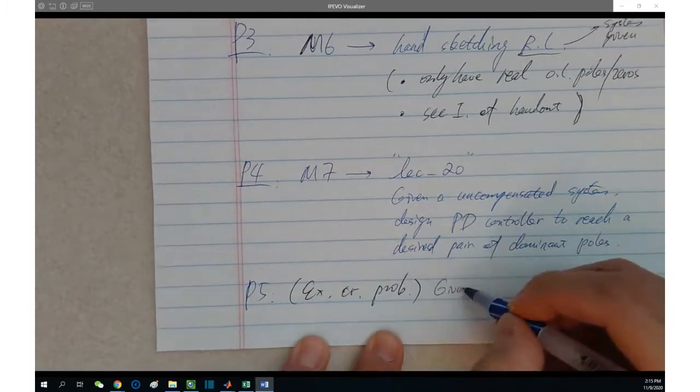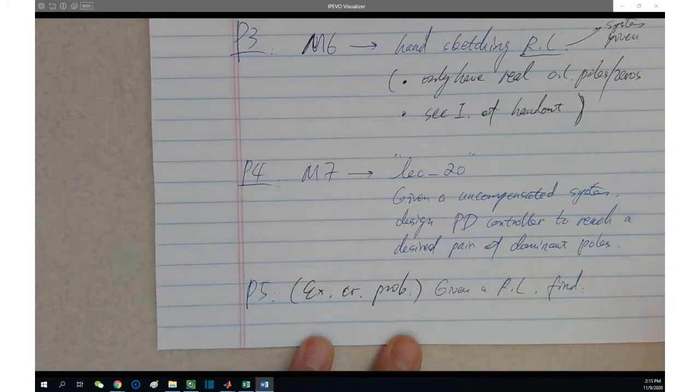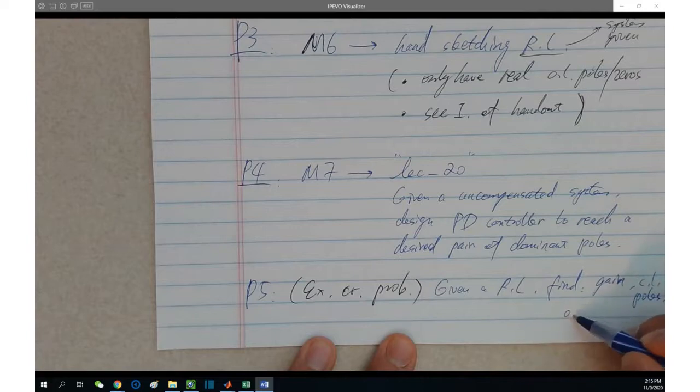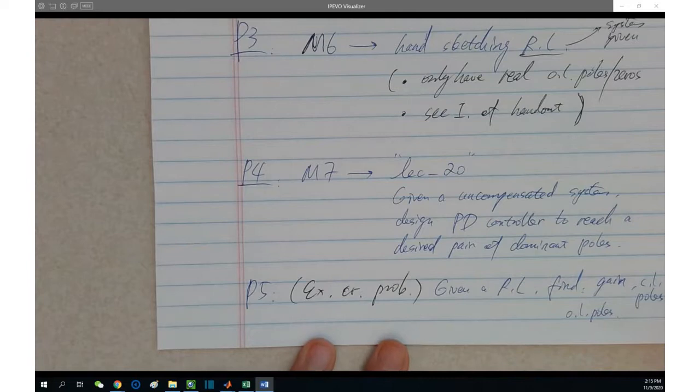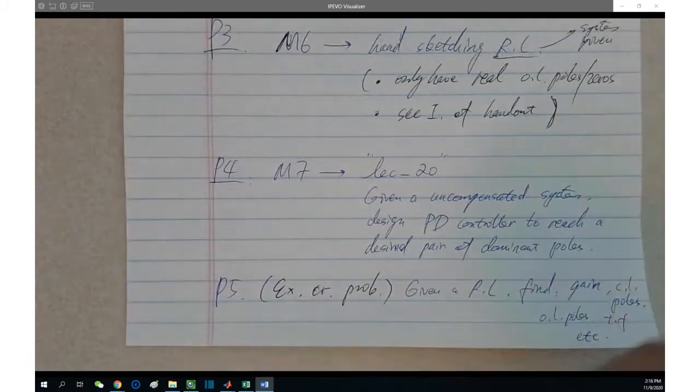Given a root locus, find the gains, closed loop poles, and also maybe open loop poles, maybe even transfer functions, etc. So even a root locus can show how much information you are able to dig out.